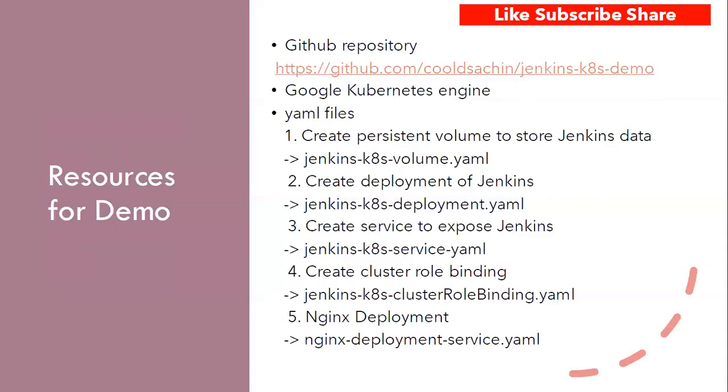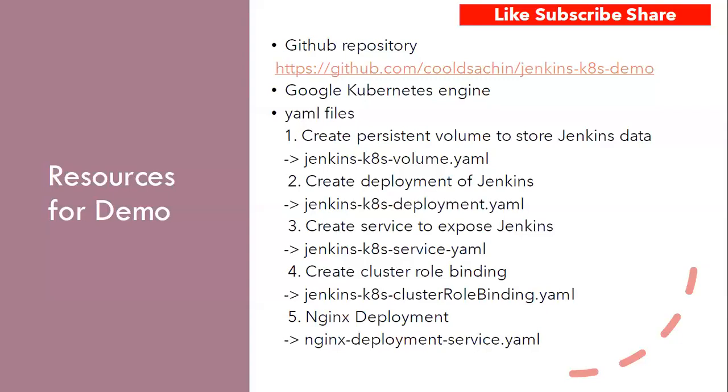After that, we need Google Kubernetes Engine to deploy Jenkins. We have 4 YAML files, actually 5. So first is Jenkins Kubernetes volume.yaml, which will be required to create persistent volume to store the Jenkins data.